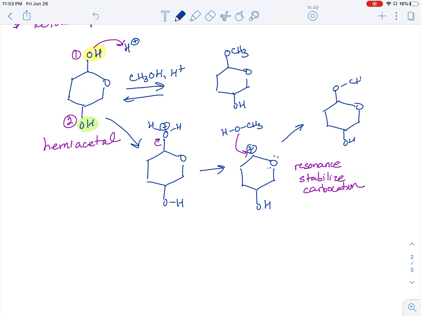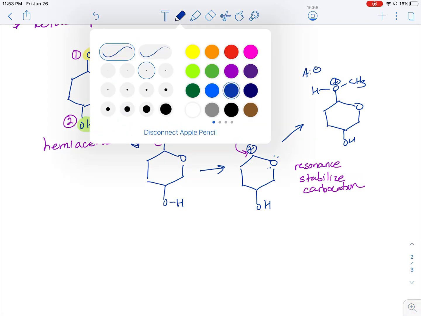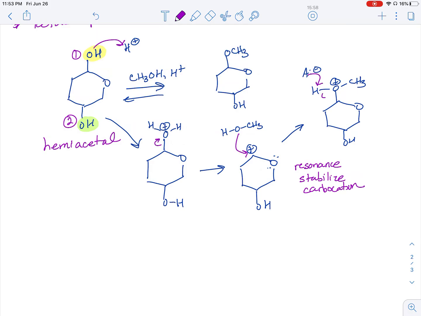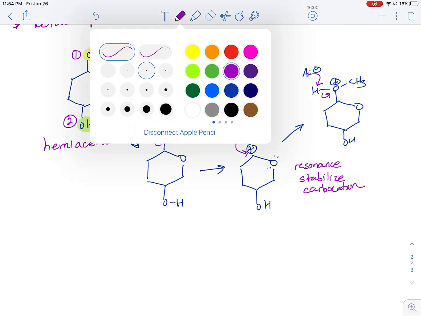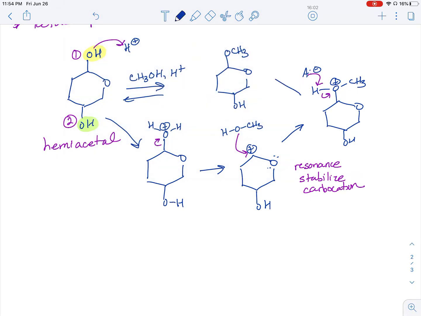To get to our final product, right? So we have here, and then we have our conjugate base that is going to come, take that, and we come to our product here. But again, we want to make sure that we appreciate the theory, and the reason why OH1 reacts is because it's a resonance stabilized carbocation.